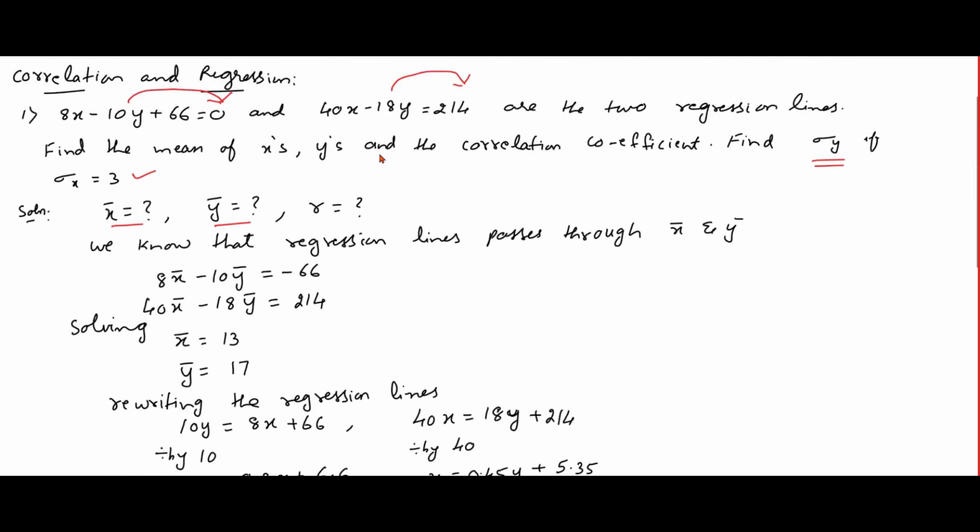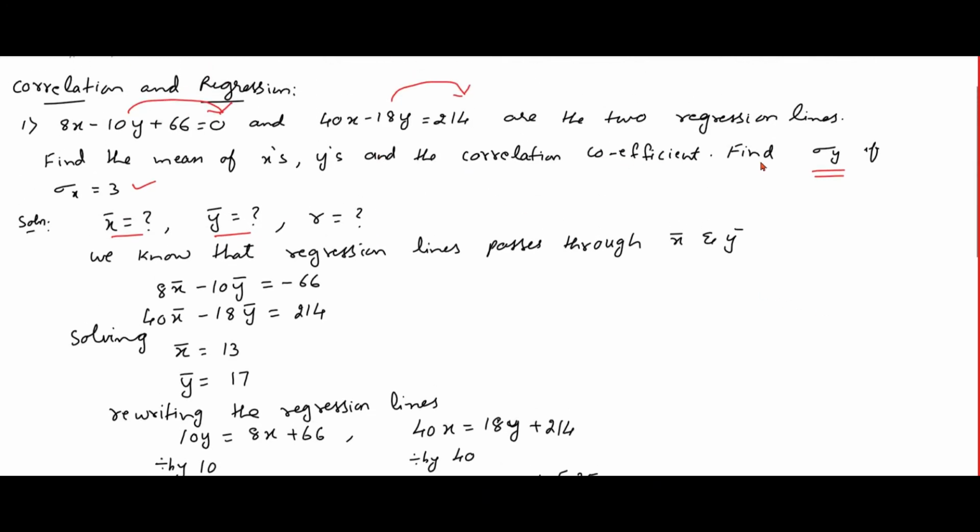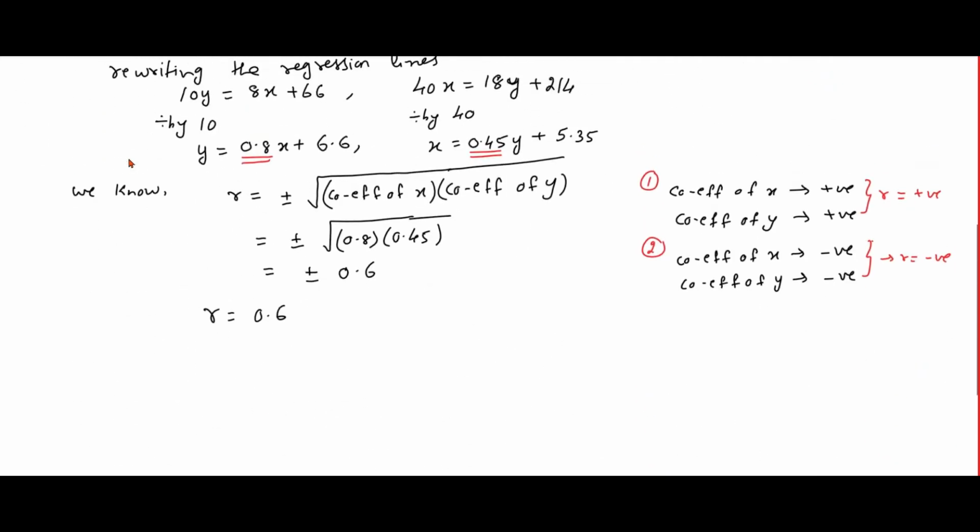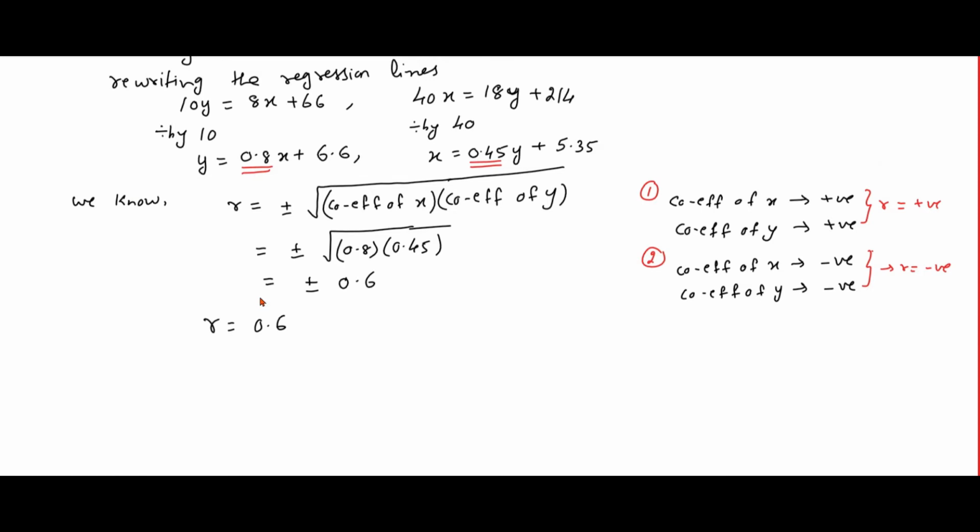The next thing that we need to find, after finding out the correlation coefficient, is the sigma y value when the value of sigma x is given. So for that, we'll write down the equation. So we know the equation of the value of y as well as the value of x in terms of sigma x and sigma y.